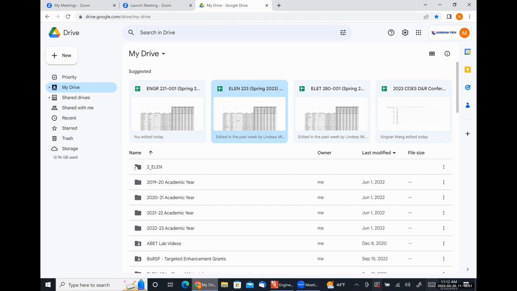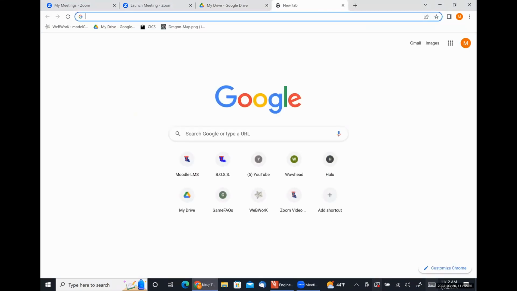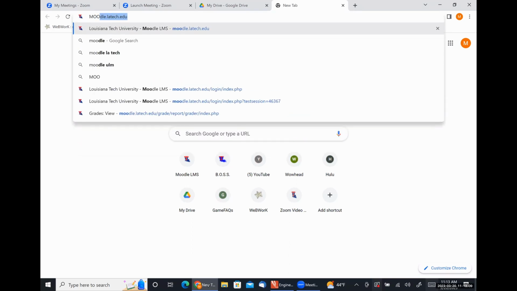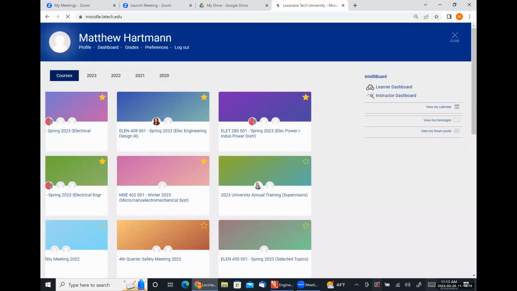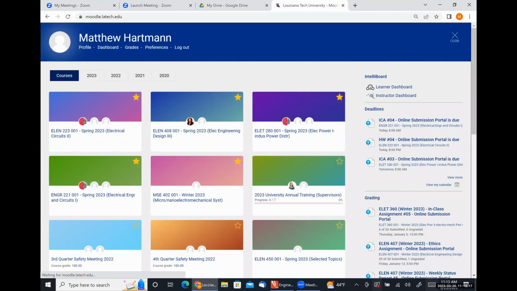I can find my mouse cursor. Let's do this the other way. Come on, board. Circuits 2.